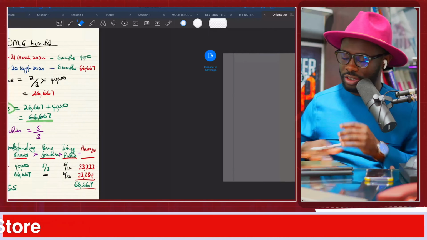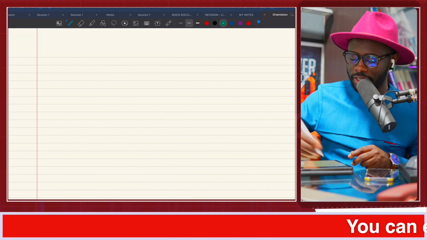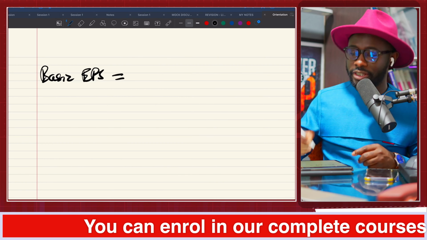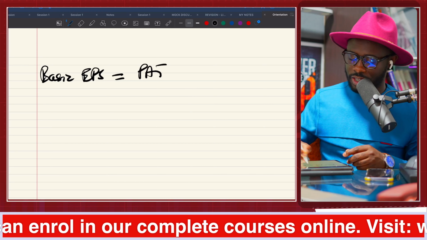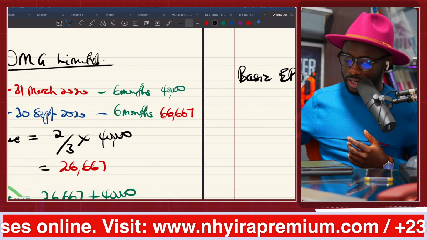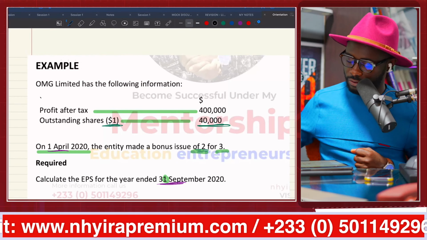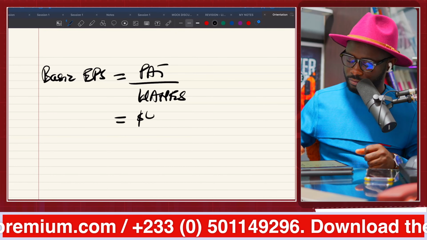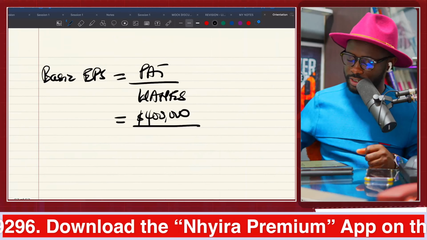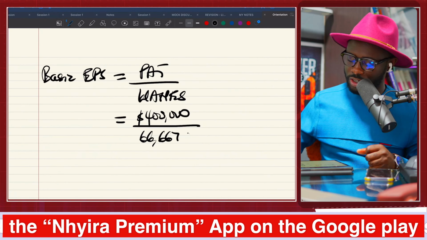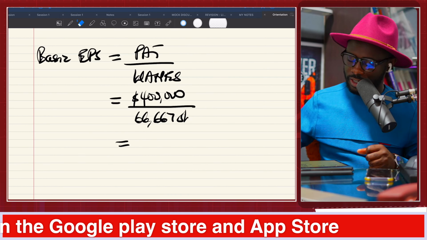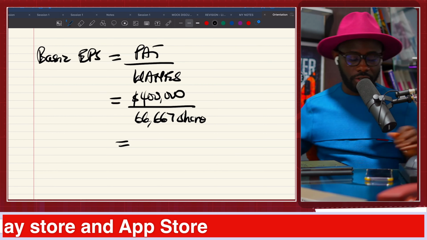So now that we have this, we can calculate our basic earnings per share. Our basic earnings per share will be our profit after tax divided by our weighted average number of equity shares. Profit is $400,000. The weighted average number of equity shares we just calculated, 66,667 shares. So we punch that out to get our answer for the period.